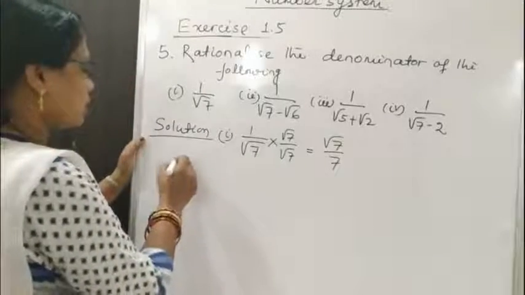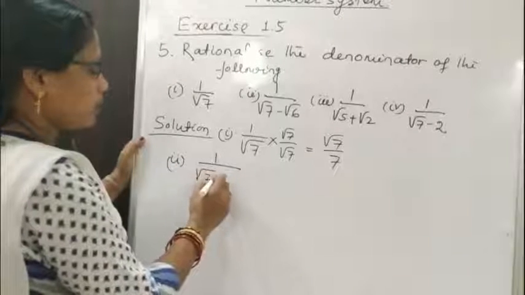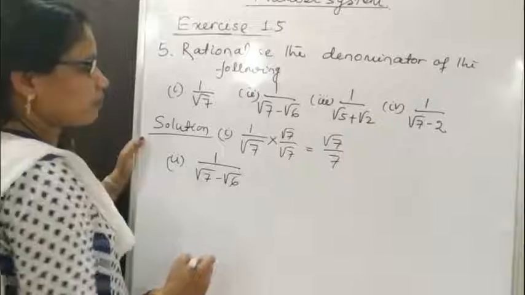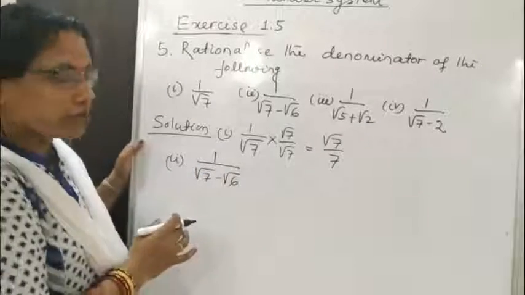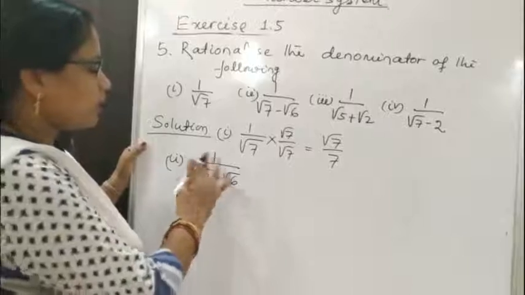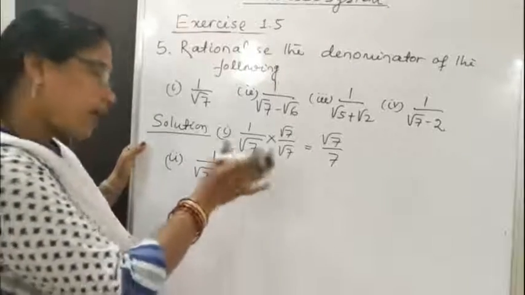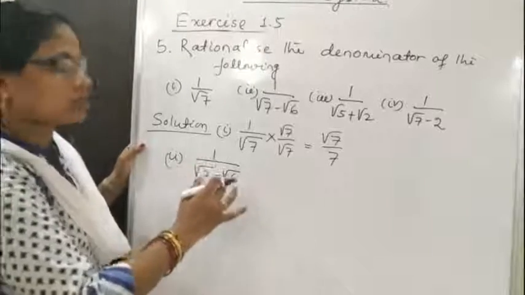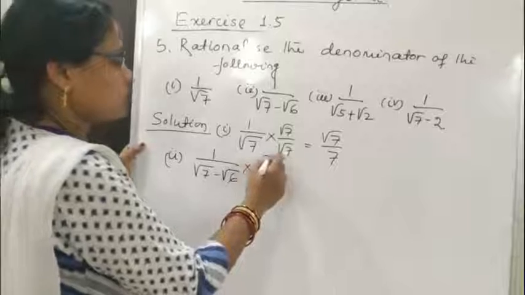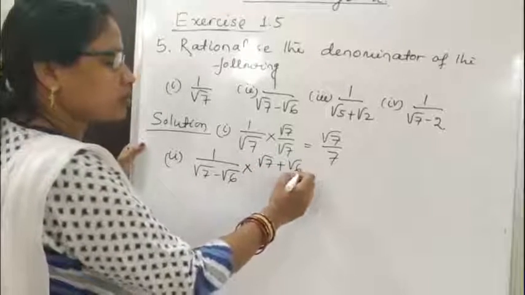The second one, 1 by root 7 minus root 6. To rationalize the denominator, we multiply by root 7 plus root 6 and also divide by root 7 plus root 6.